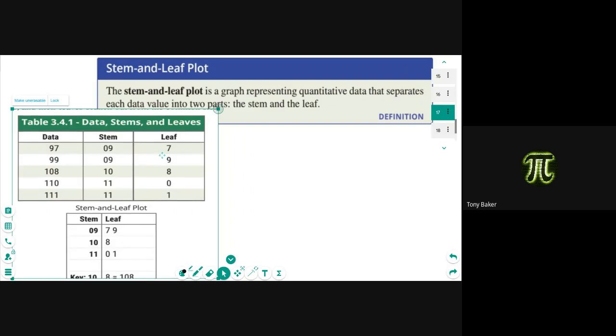A stem and leaf plot takes the data and breaks it into groups of 10, or you could technically do 100, but most of them are in groups of 10.